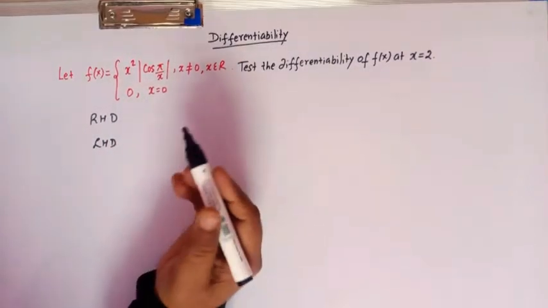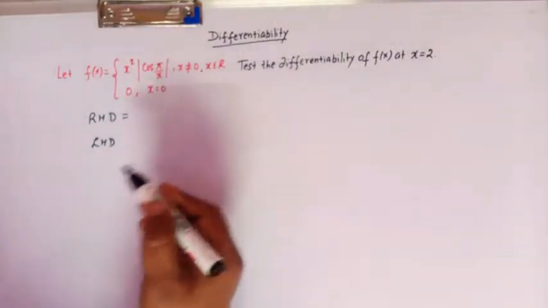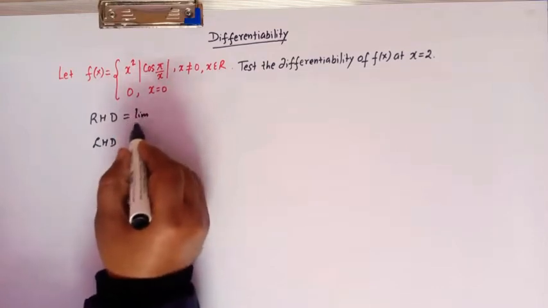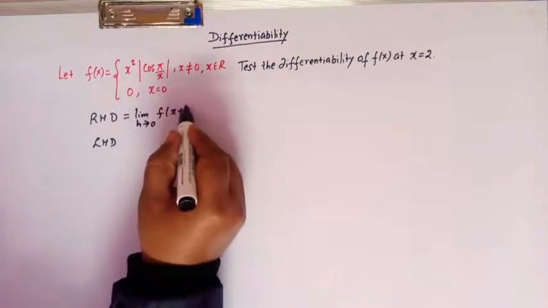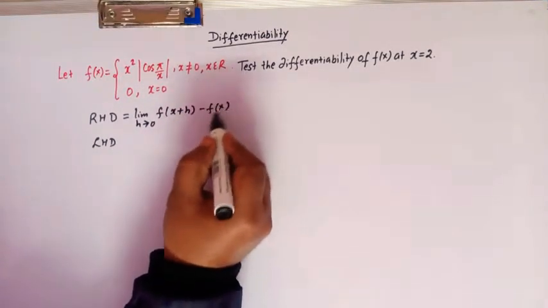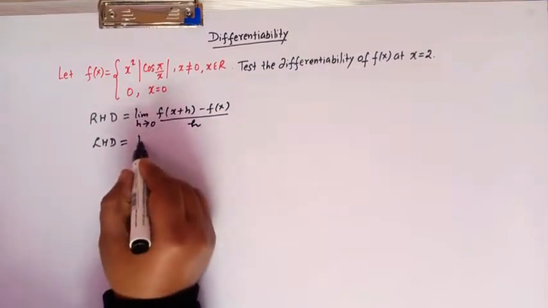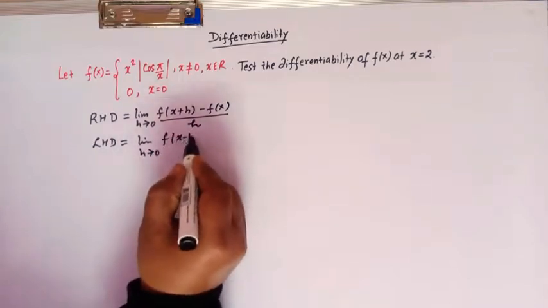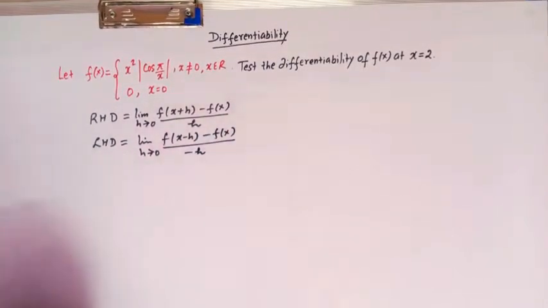So the definition of differentiability says that the right hand derivative at the given point, here the point is given as 2, x is equal to 2, so the right hand derivative, which is defined as limit h tends to 0, f of x plus h minus f of x divided by h, and the left hand derivative is defined as limit h tends to 0, f of x minus h minus f of x and minus h.